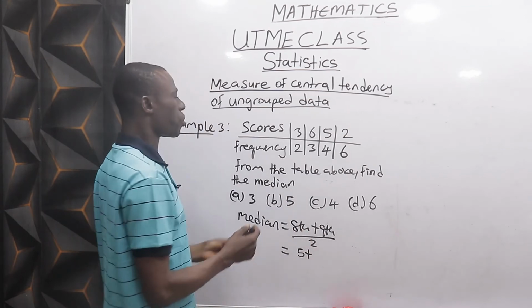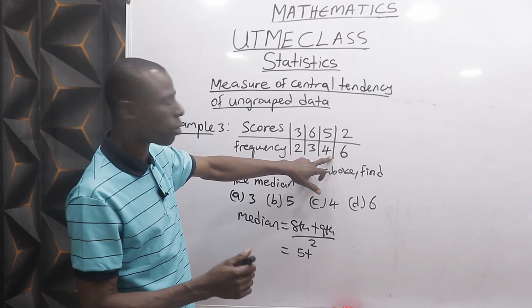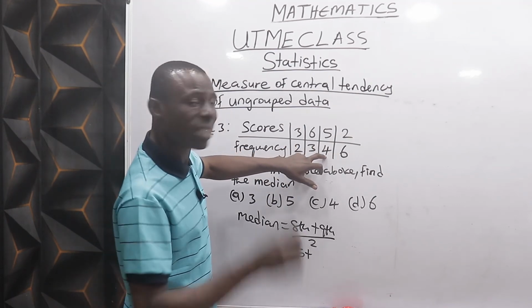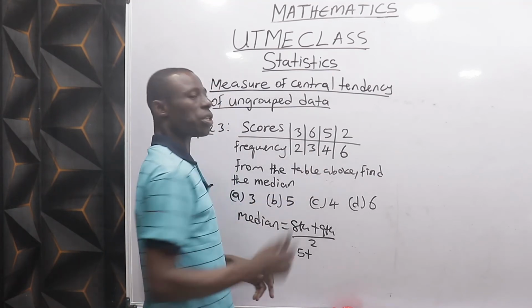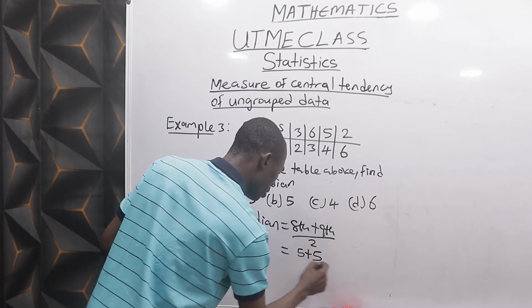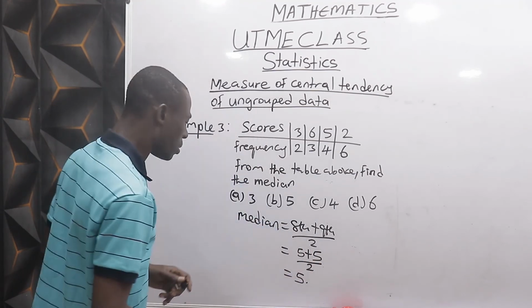The 9th position is also reached at this point, because 2 plus 3 is 5, 5 plus 4 is 9, and looking up is still 5. So 5 plus 5 divided by 2, the answer is 5. So median is 5.